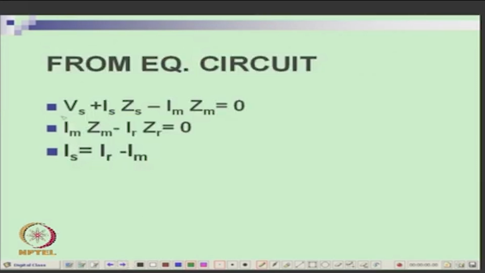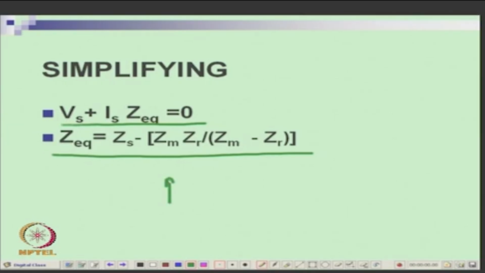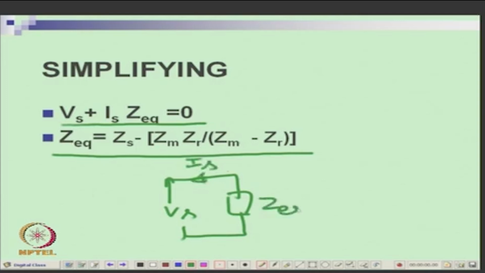Then equivalent circuit: Vs plus Is Zs plus Im Zm is 0, or Is is equal to Ir minus Im, and Im Zm minus Ir Zr equal to 0 from the equivalent circuit. Then Vs plus Is Z equivalent, so you can find out what the Z equivalent is from the equivalent circuit. If you look at the machine, this is your Vs, which has not changed direction, your Is is here, and this is Z equivalent.